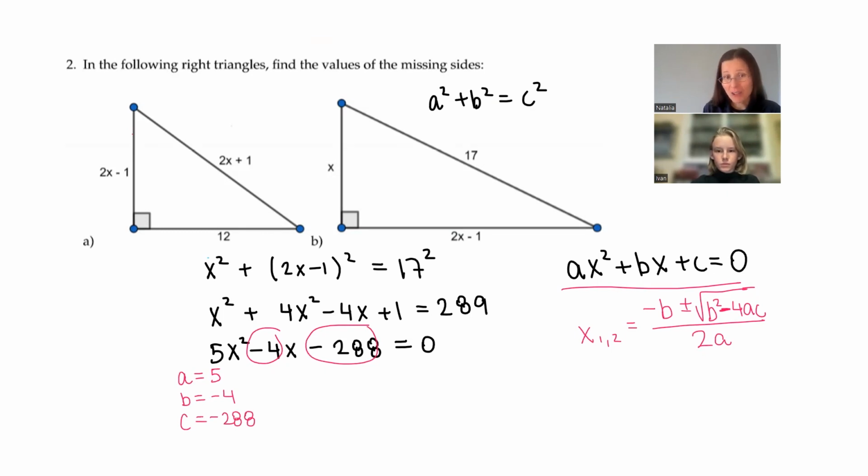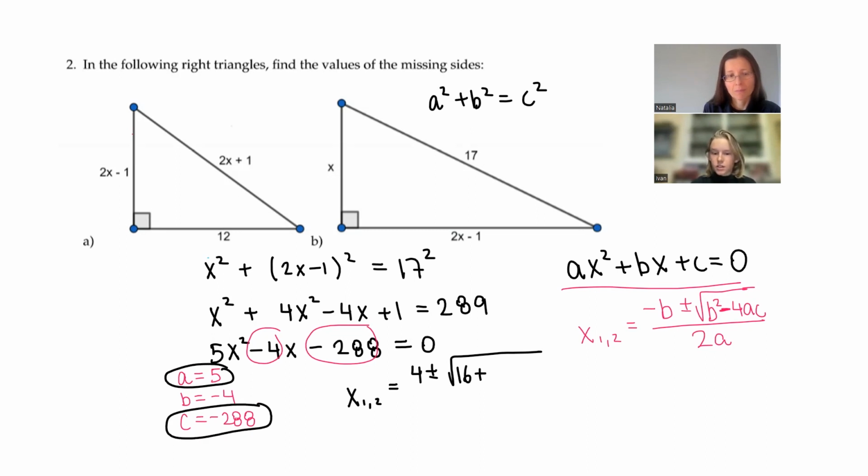All right. Now, with these values, let's use the formula. We'll have 4, negative B, plus or minus the square root of 16 plus, since C is negative, it's going to cancel out, 4 times 5 times 288.